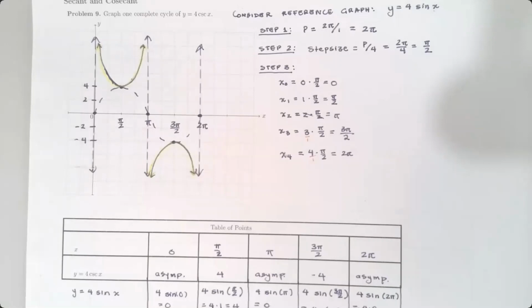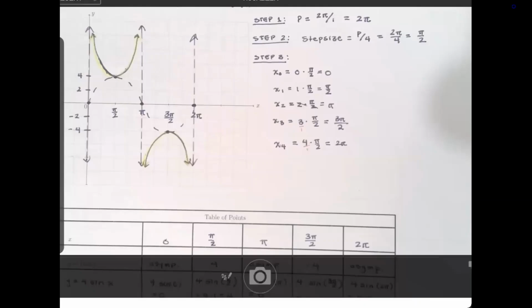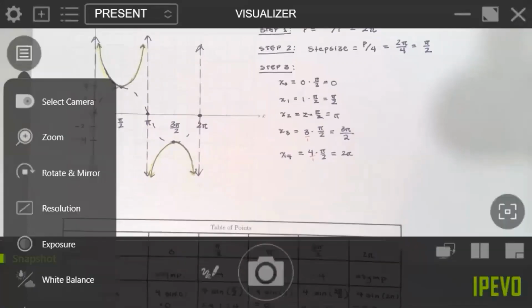So I'll be using the Desmos graphing calculator, which is a free online graphing calculator. Okay, so I'll go ahead and share the whole thing.